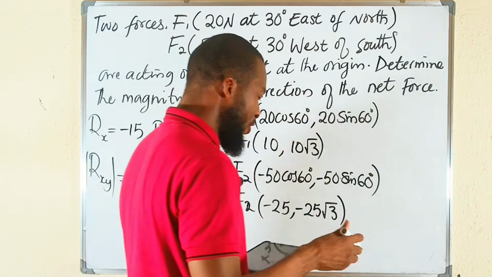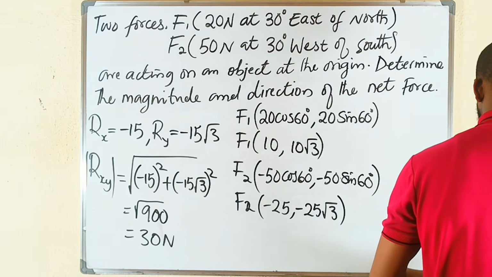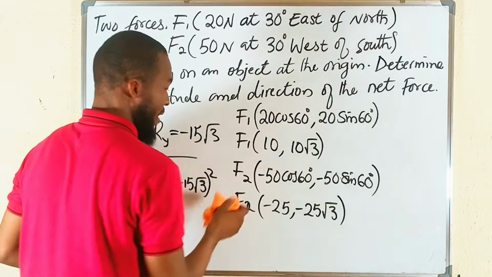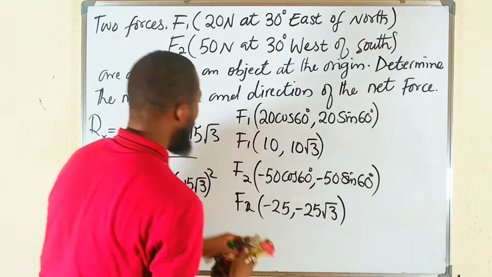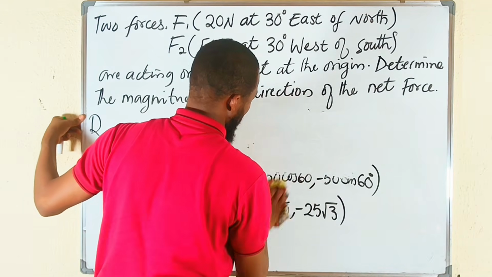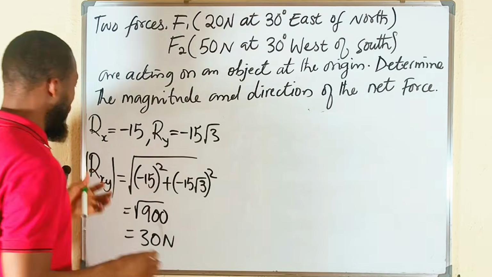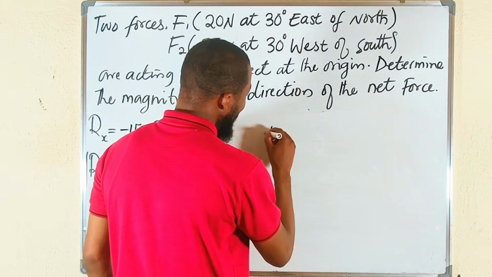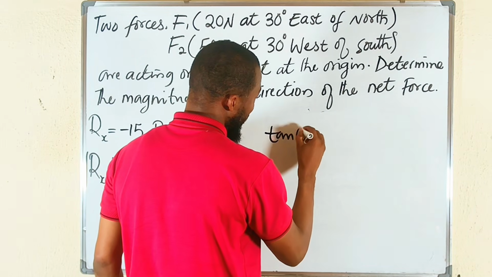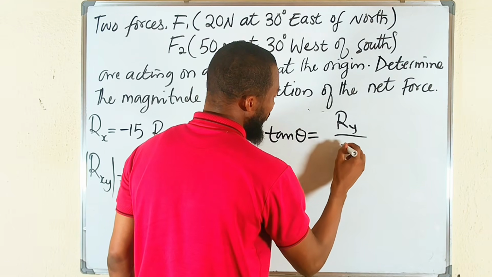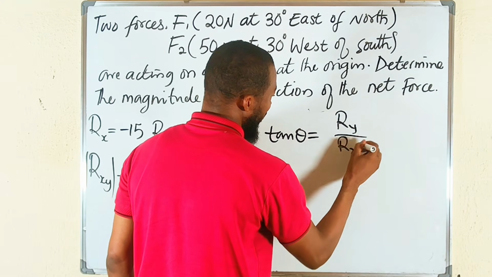And what about direction? I am going to clear this side and continue. This question is very interesting. We are going to take tangent. We are looking for that angle, right? Of the resultant with respect to y divided by the resultant with respect to x.